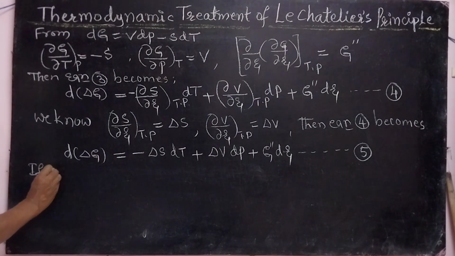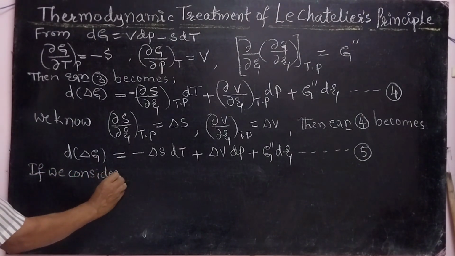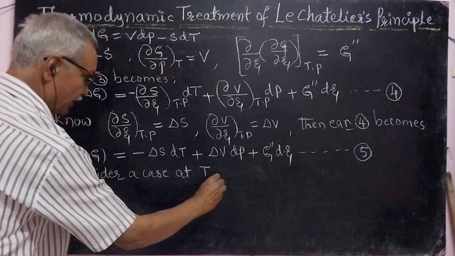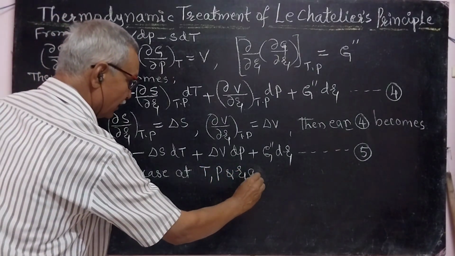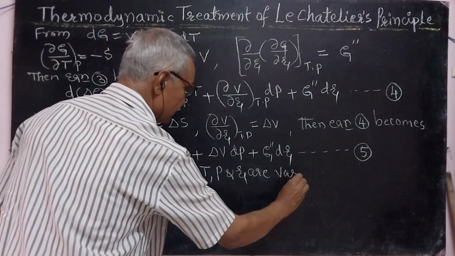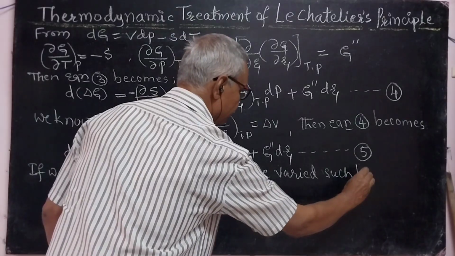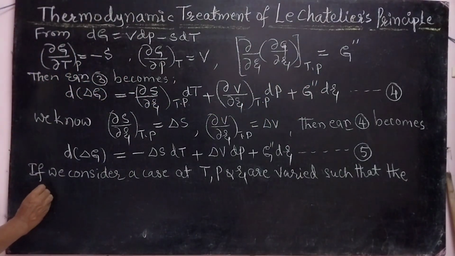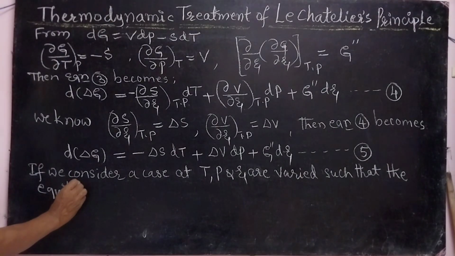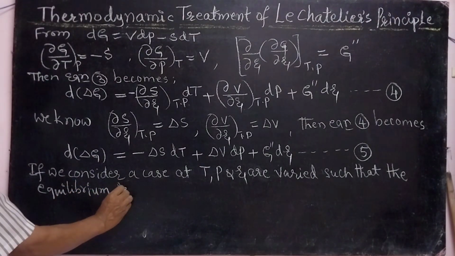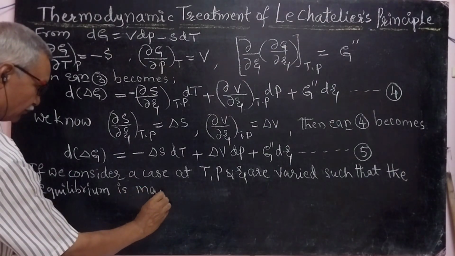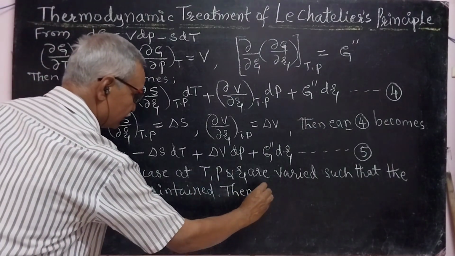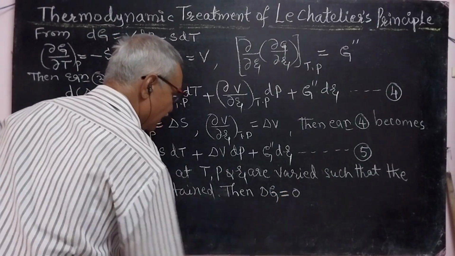If we consider a case where T, P and ξ are varied such that the equilibrium is maintained, then ΔG becomes equal to 0.